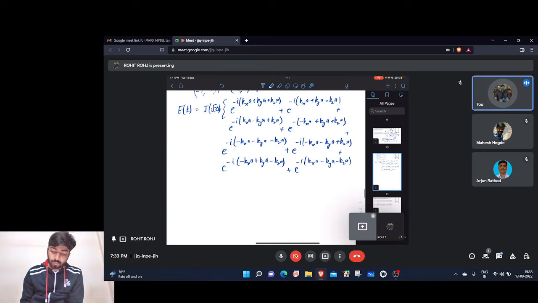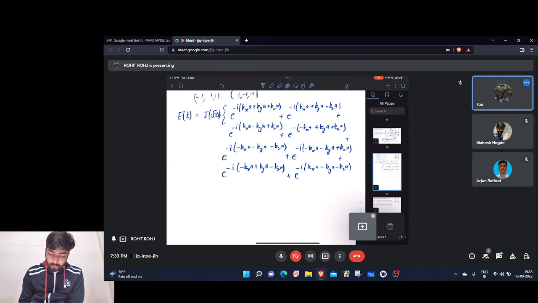Now the J root 3 stays outside. Let me take e to the power minus i kxa common.